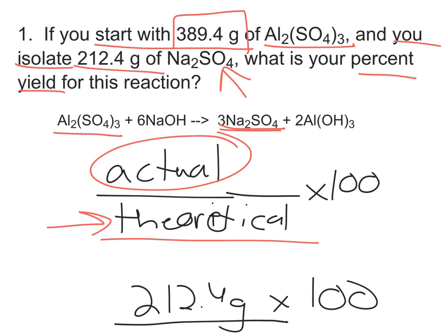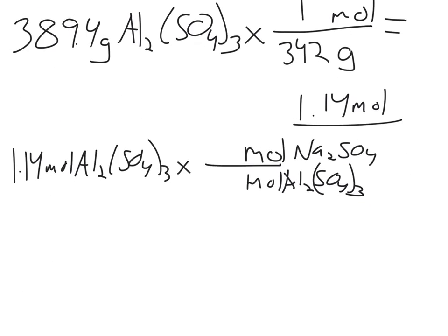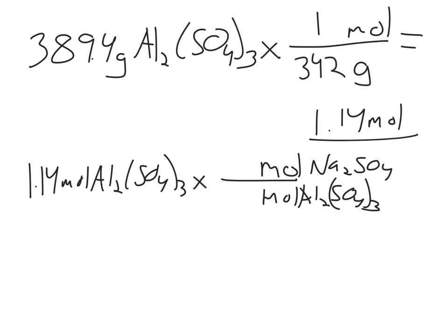The sodium sulfate has a 3 in front of it, the aluminum sulfate has nothing in front of it, so that's a 1. So it's a 3-to-1 ratio. 3 sodium sulfates to 1 aluminum sulfate. Multiply that out, and I should get 3.42 moles of sodium sulfate.